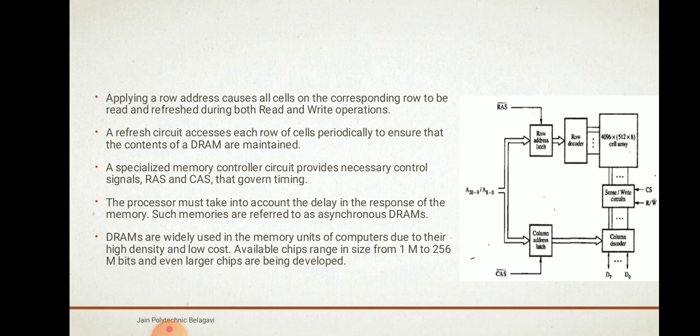So there is a memory controller which is responsible for giving the row address strobe signal as well as the column address strobe signal. The processor must take into account the delay in the response of the memory. So if there is a delay in the response of memory, such memories are referred to as asynchronous DRAMs.